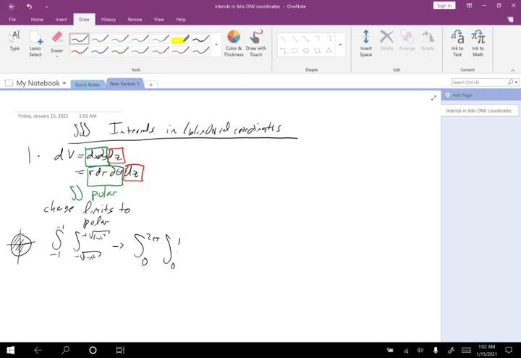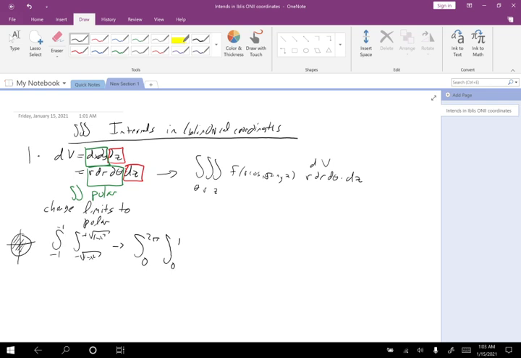And then once you do that, you'll end up with some integral. Now you'll have a theta, now you have an r, now you have a z, and you'll have your f of r cosine theta, r sine theta, z, and then you'll have your new dV, r dr d theta dz.